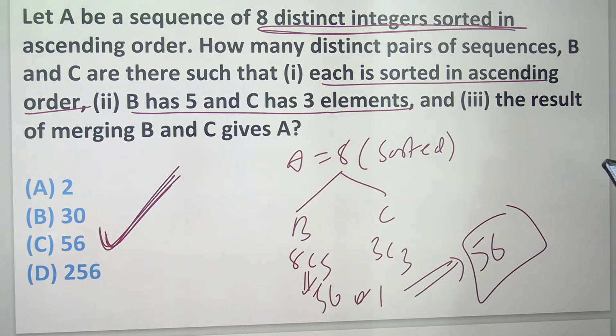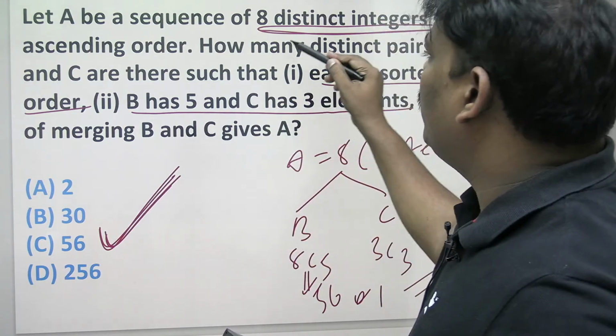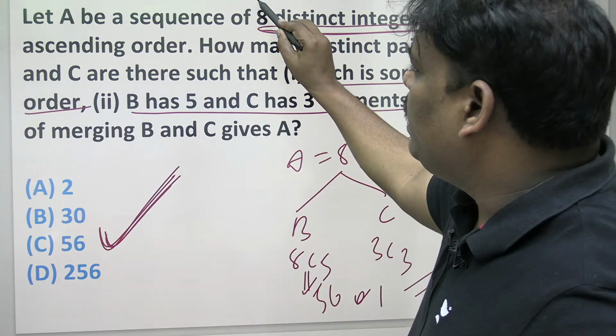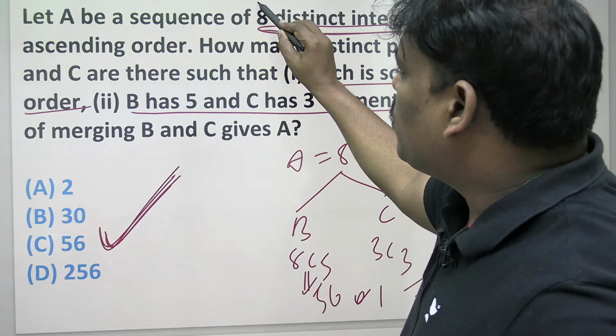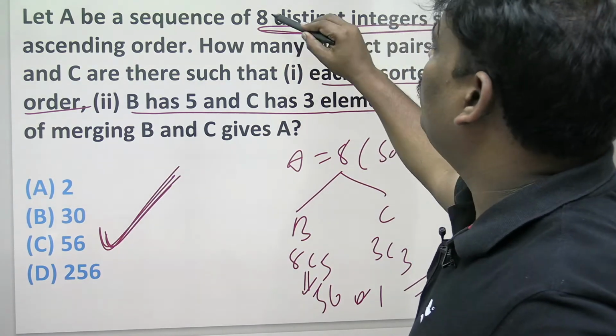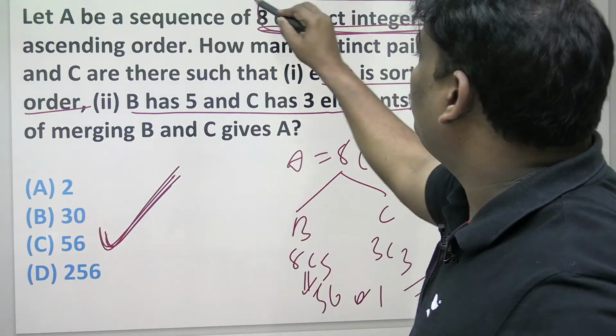Anyhow, let's go to the next problem. Now listen everyone. This problem is very difficult. Everyone has to understand. Out of 8 people, which are sorted.